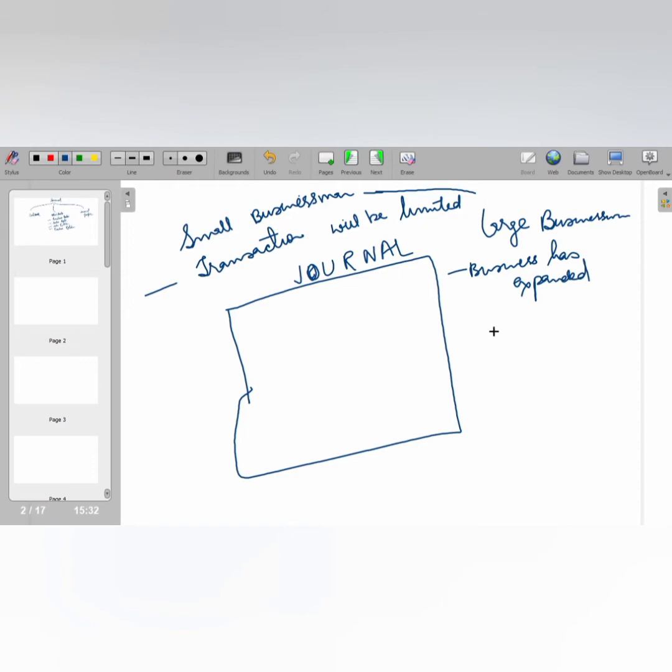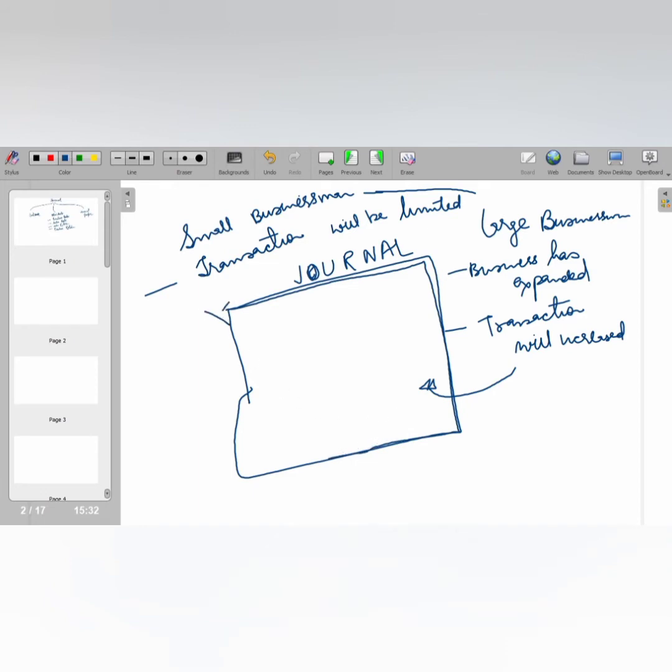Now what will happen? The transactions will increase. Now all the transactions will not be possible to record in this journal, because it will become more complex and cumbersome.